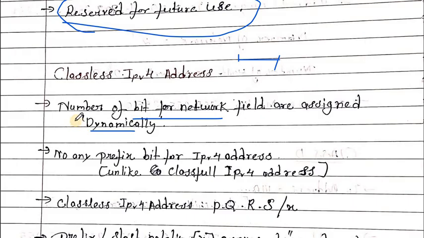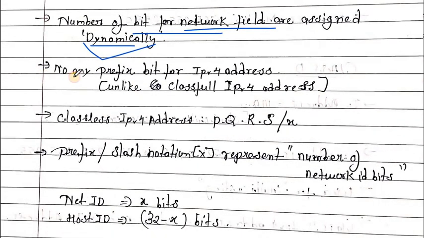But in classless addressing, the network ID bits are not fixed, they are dynamically assigned. In classful addresses there is a prefix, meaning some number of bits are fixed in the network ID field, 2 or 3 or 4 bits, but in classless there is no prefix.